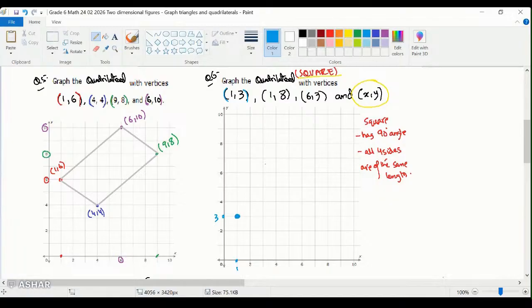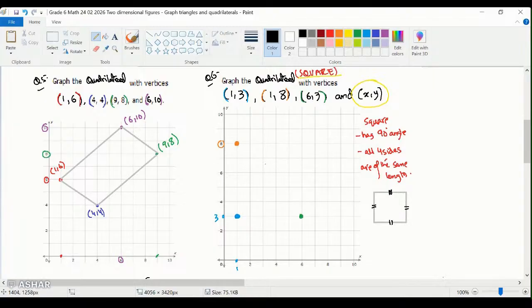The next one was 1 comma 8. That means 1 and 8. Agreed? The third point was 6 and 3. This was 6 and 3. Okay? We know about a square that all 4 sides will be of the same length, right? This length, this length, this length, and this length would be equal.